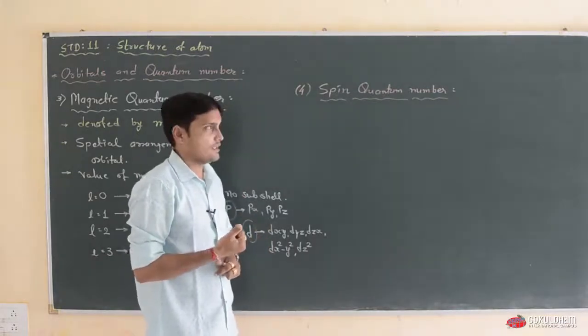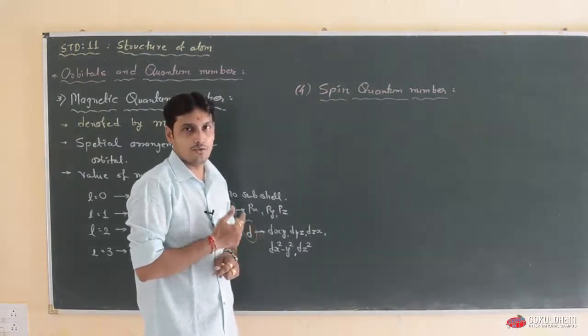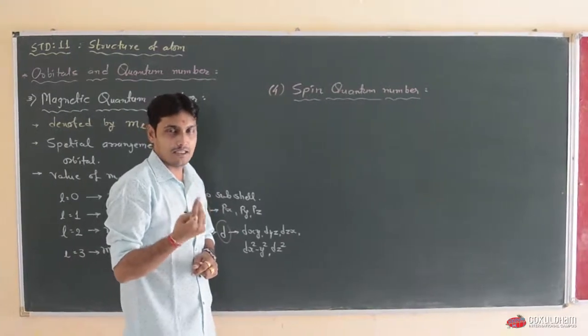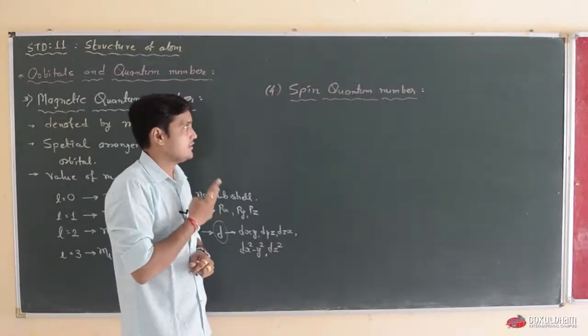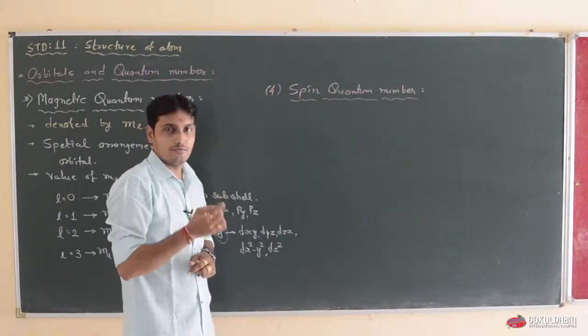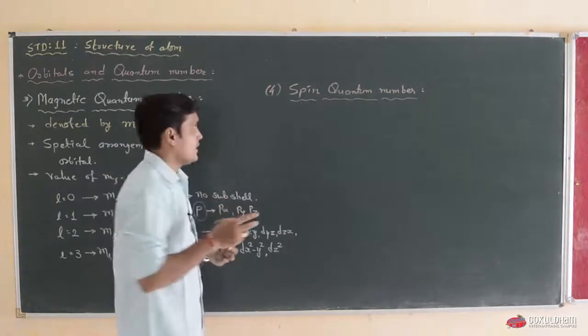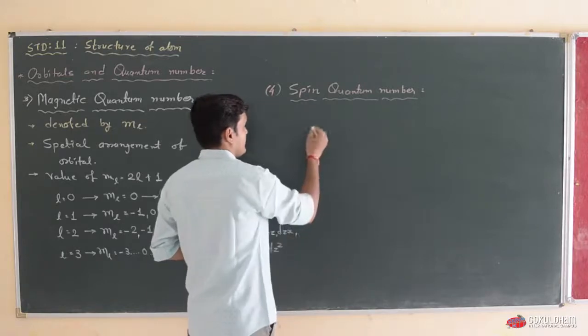The first one is Uhlenbeck, and another one is Goudsmit. Two scientists' names can be asked in examination. Two scientists proposed this quantum number. First one is Uhlenbeck and second one is Goudsmit. What is the role of this quantum number?